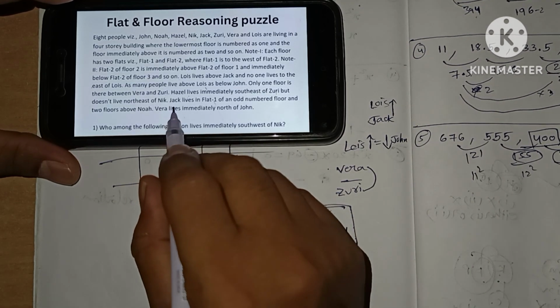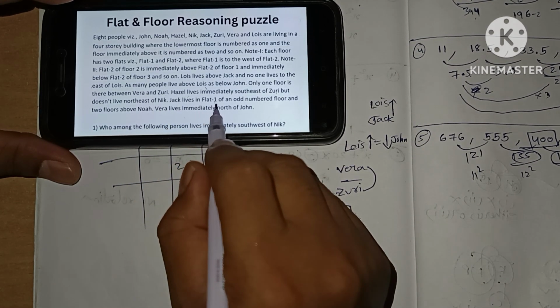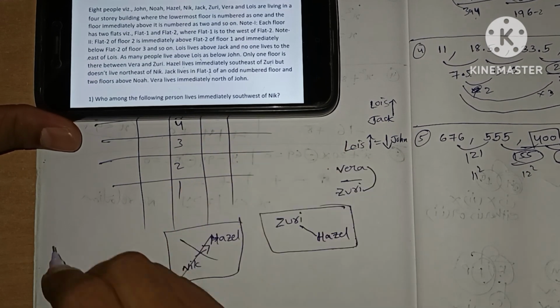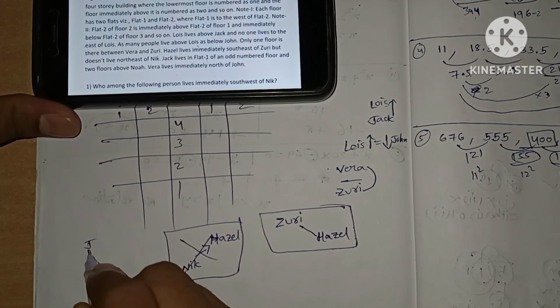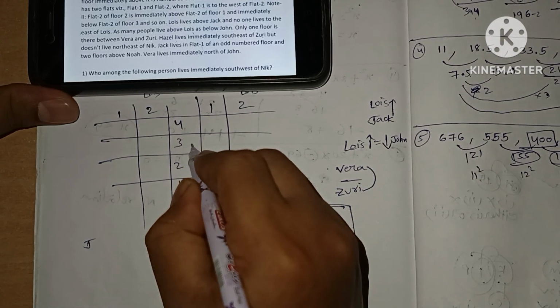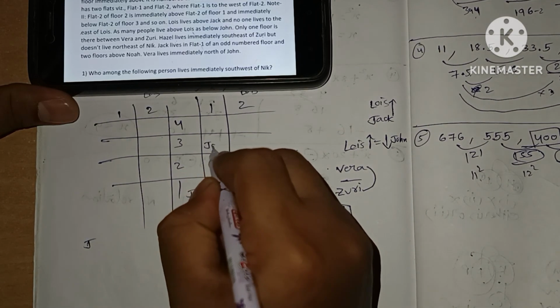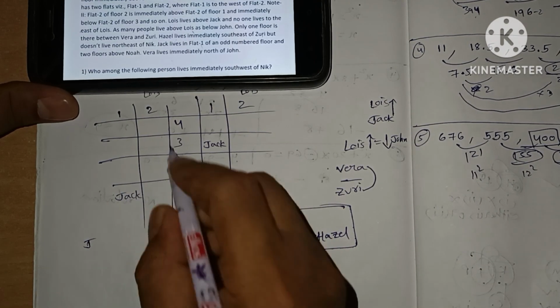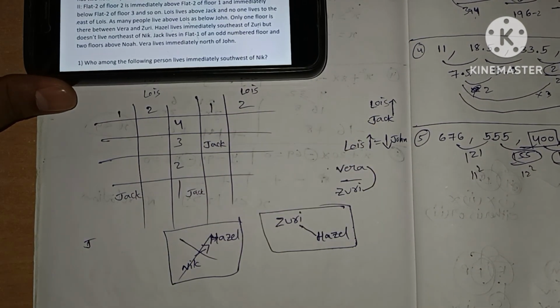Next one. Jack lives in flat 1 of an odd number floor. So Jack lives either here or here in the flat 1.